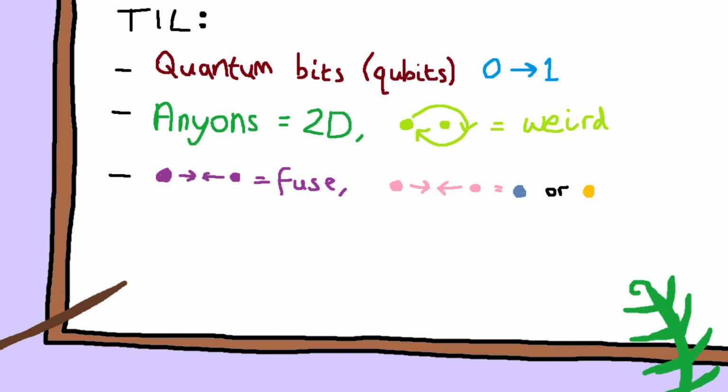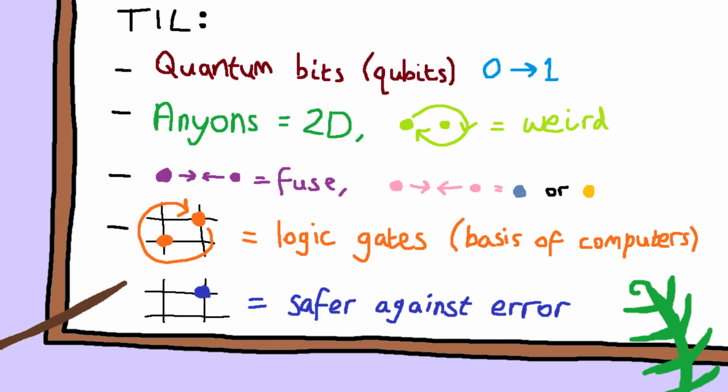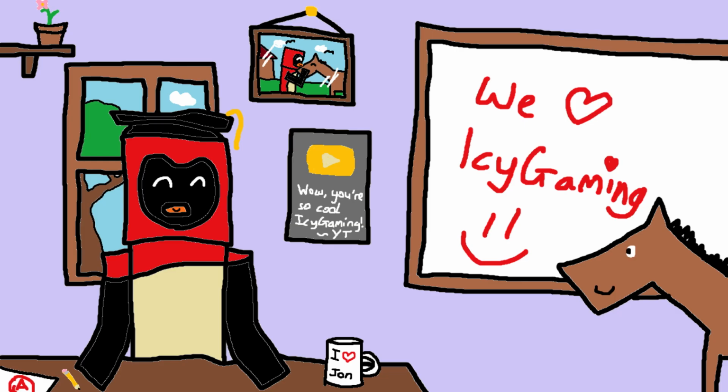Some anyons can fuse into multiple of the types of anyon instead of just one. We've also learned that if we put anyons on a lattice, we can make logic gates that support quantum computation. Quantum computers using the lattice model not only resist, but can correct any errors that occur on them. And finally, we learned that IcyGaming is a fantastic and engaging physics teacher.